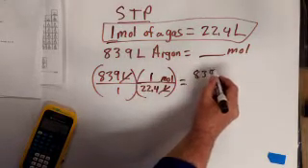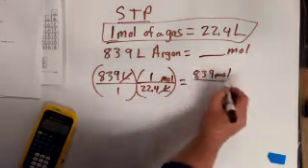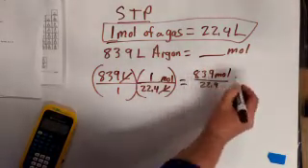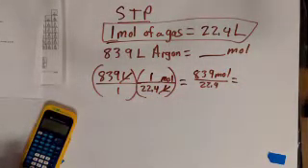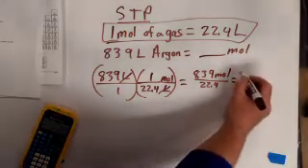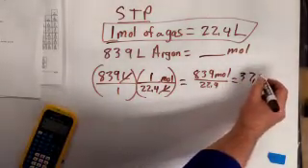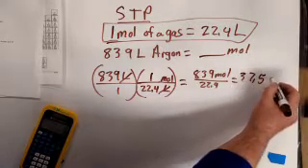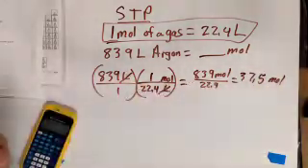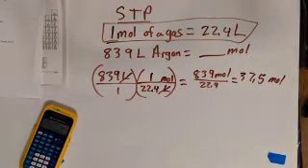We have 839 moles divided by 22.4, because the liters canceled out. So 839 divided by 22.4 is going to be 37.5 moles. Okay? So that's it.